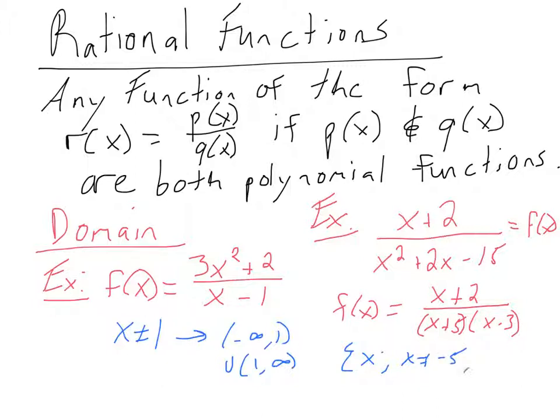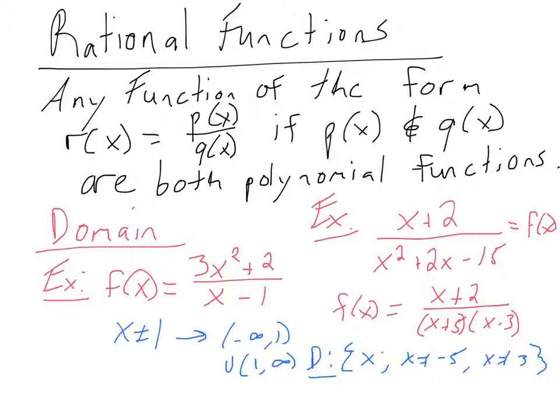It's going to make it 0. And x is not equal to 3. Right. So my domain is the set of all x such that x is not equal to negative 5 and x is not equal to 3. Okay. So domain, pretty basic idea here.